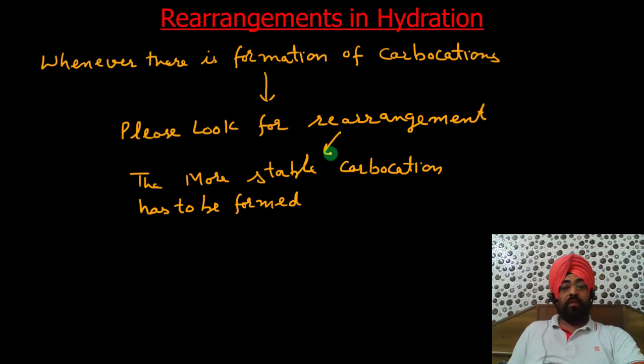If there is no possibility of forming a more stable carbocation, then there will be no rearrangement. It is not necessary that rearrangement will take place in all cases. It will take place only in those cases in which the rearrangement leads to the formation of a more stable carbocation.